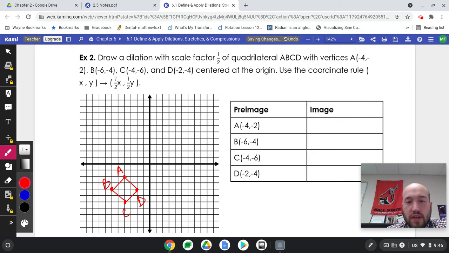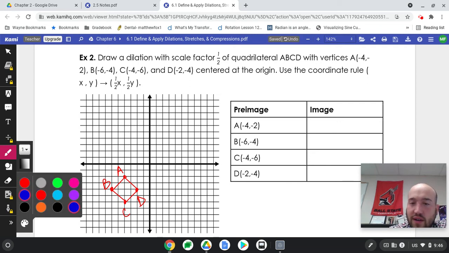All right. Now, to find our image, just multiply each of those by 1/2. So A prime becomes -2, -1. B prime, -3, -2. C prime becomes -2, -3.